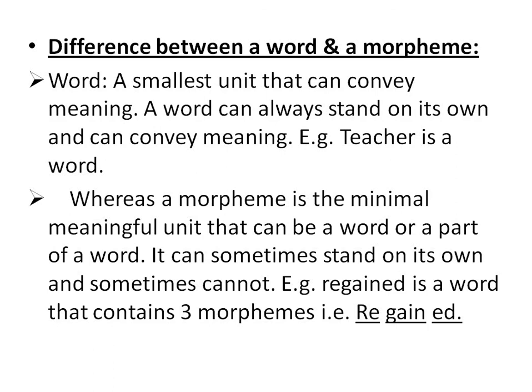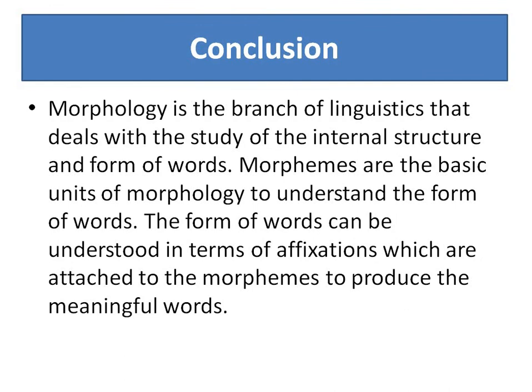So this is basically the difference between a morpheme and a word, which is always confusing. This is all about the introduction to morphology. Morphology is the branch of linguistics that deals with the study of the internal structure and form of words, and morphemes are the basic units of morphology to understand the form of words.